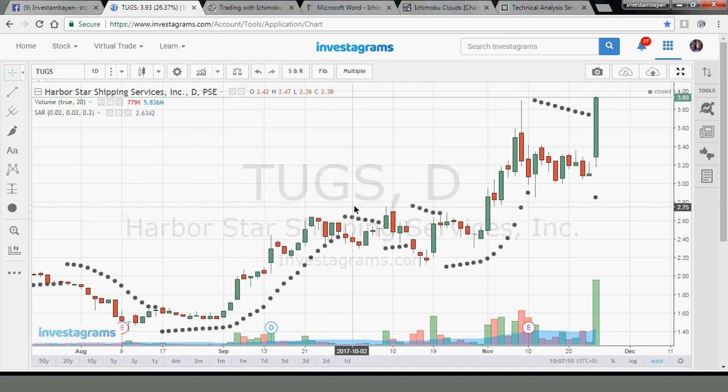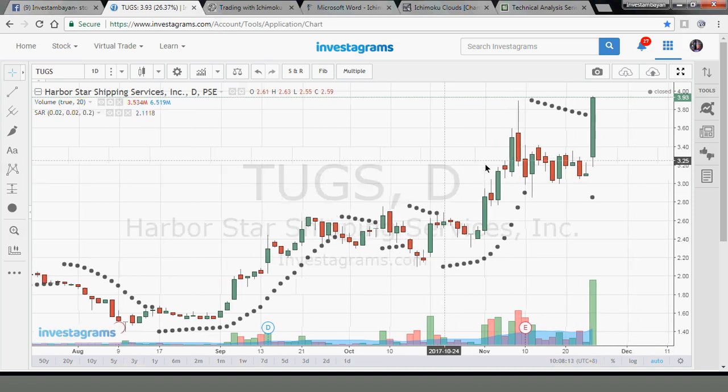So for this, there are two components that we need to see. May upper parabolic dots, nakikita natin sa taas. May lower parabolic dots din tayo dito. It's very easy kung saan ka bibili. Bibili ka kung ang price nasa taas ng parabolic dot.